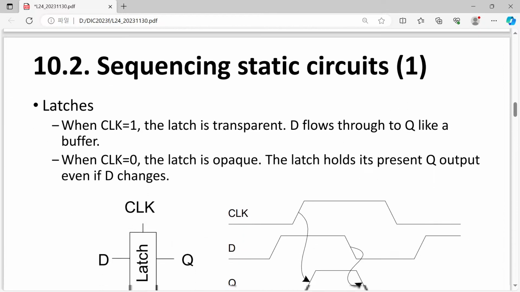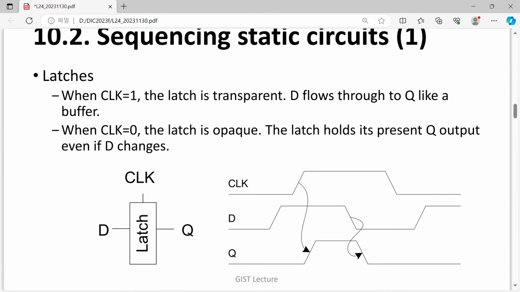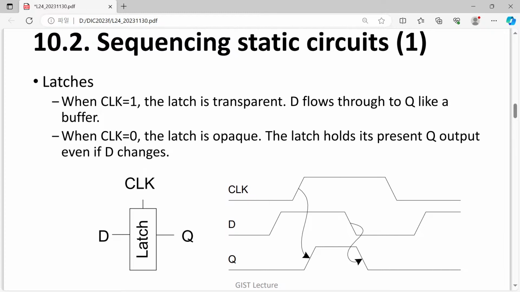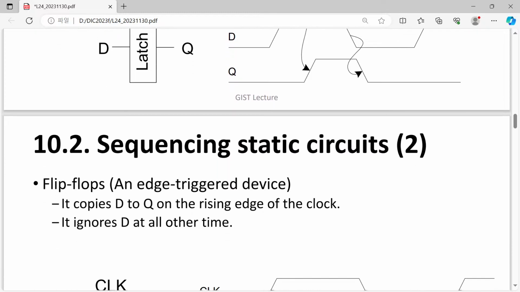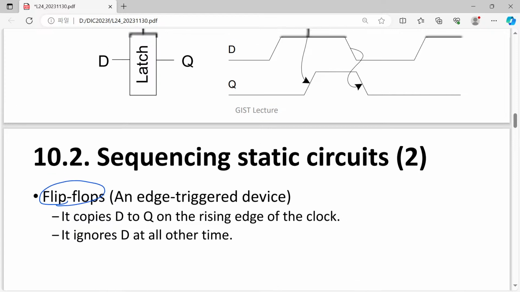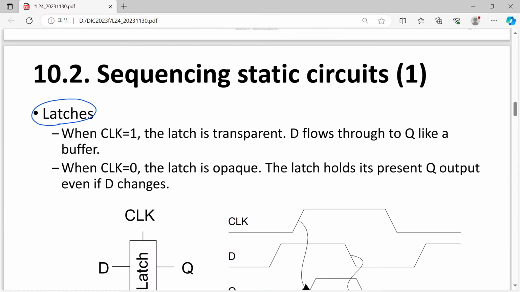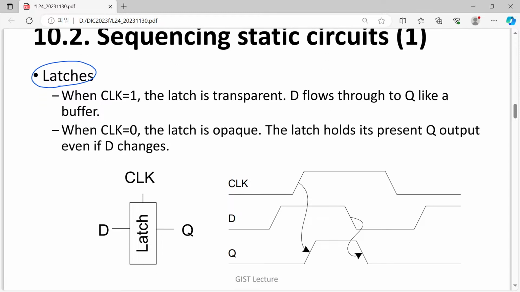Before starting today's talk, we have to review the elements called latches and flip-flops. I think this concept has already been covered in your previous course called Digital Design in this college, but I just remind you that this is an important concept, so I wanted to review its meaning.